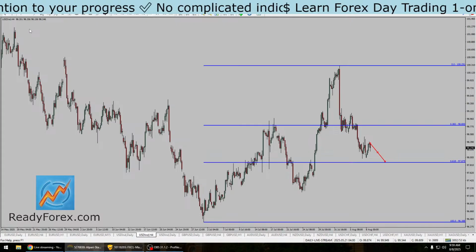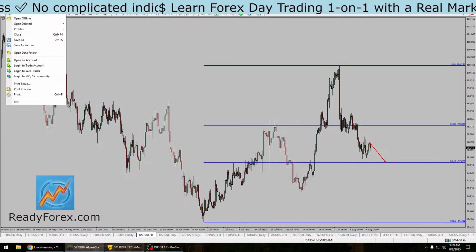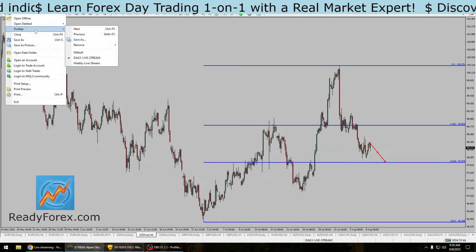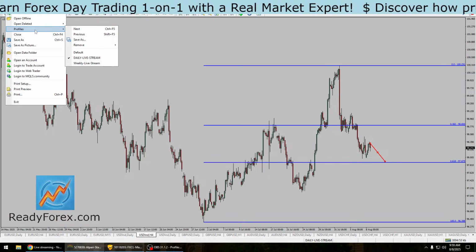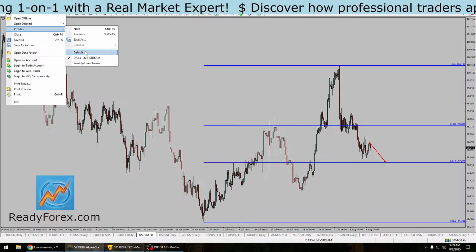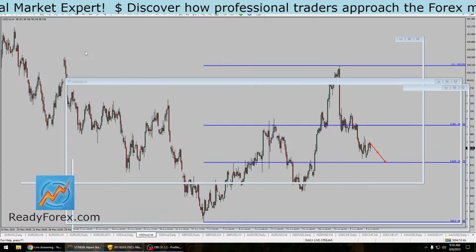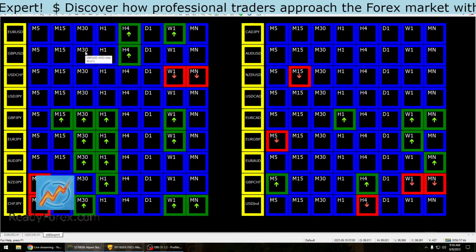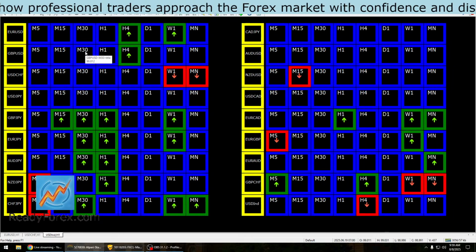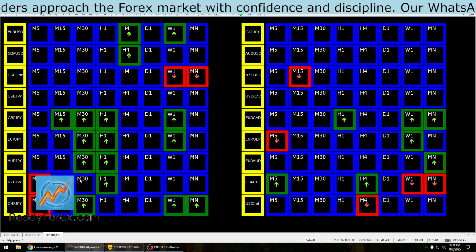Back to the radar screen, right click on file... okay, it's loading.